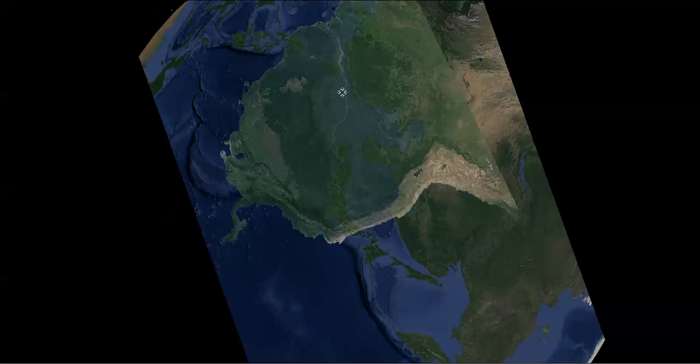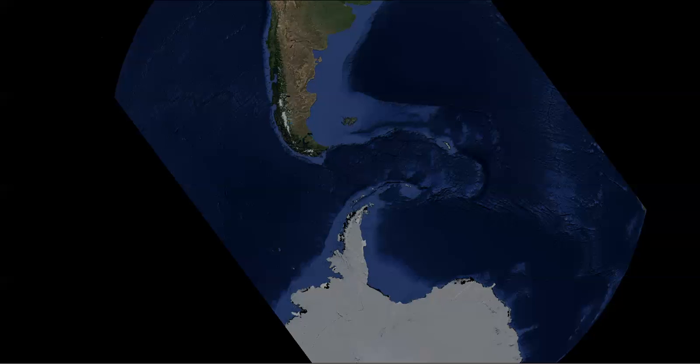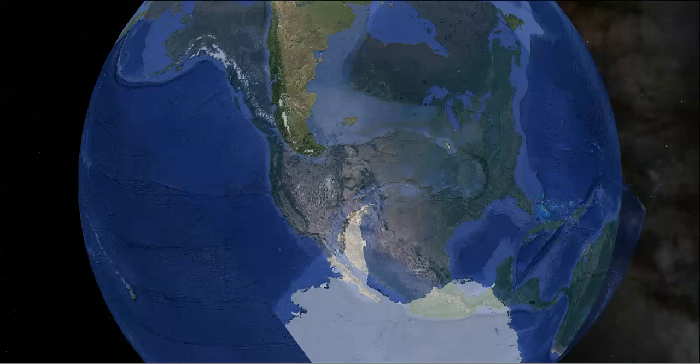Okay, so let's see what else I had planned. Just when you thought it couldn't get any crazier, check this out. Here's South America and Antarctica. And remember I was talking about reoccurring patterns being all over the planet? Well, let's go and look at that same area.